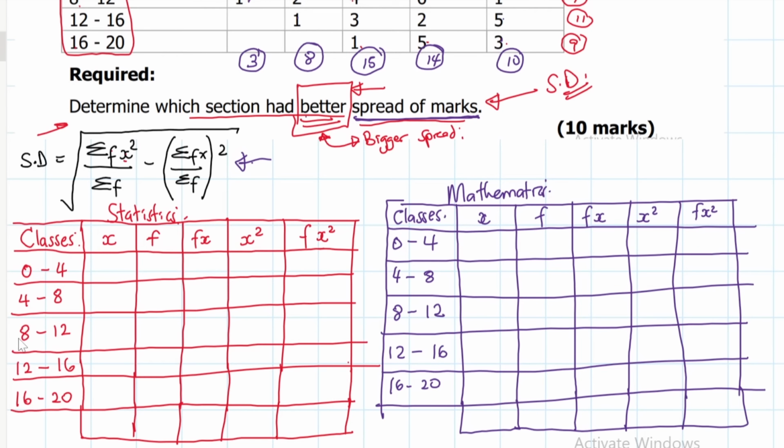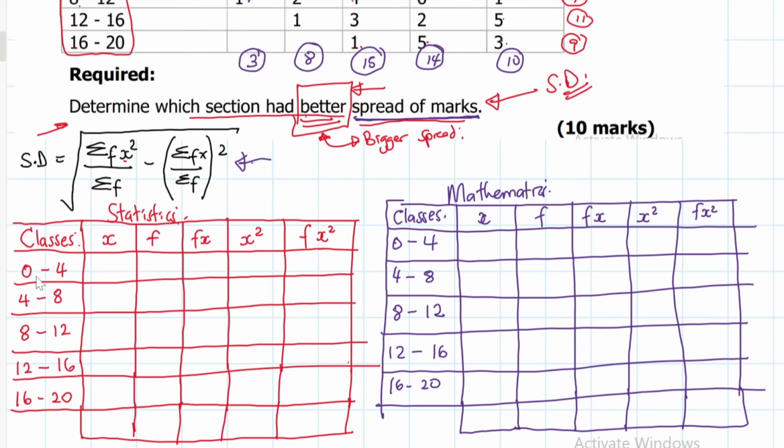So these ones are class boundaries. But then there's such a thing we call class limits. If we are having class limits, the upper class limit and the lower class limit, the way we get the value of x here will be different from when it is class boundaries. I will not go into those details now.